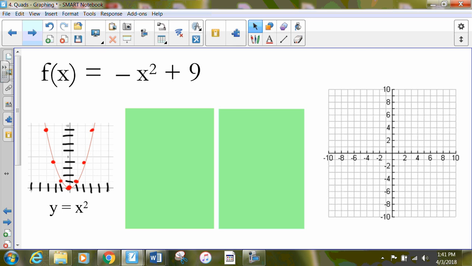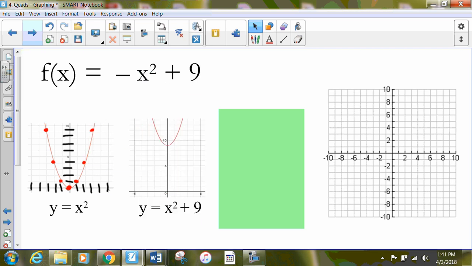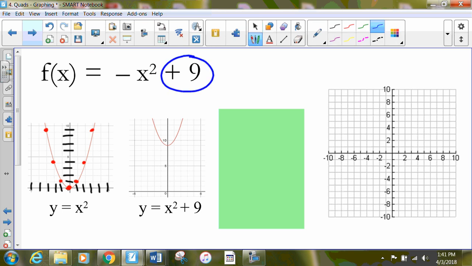And another thing that we learned during that unit, besides the pattern, was that when we have a little something extra, this plus 9, that had an effect on the vertex. So instead of the vertex being down here on the origin at 0, 0, it was moved up 9. So there it is right there. And now we learned another thing.